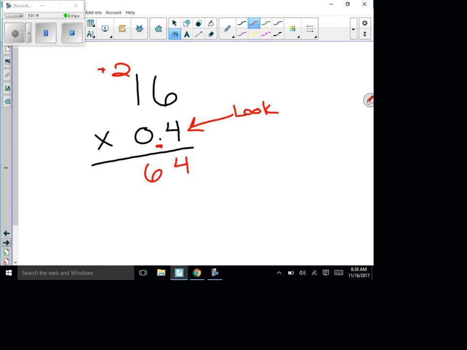You count how many digits are to the right of the decimal, and there's 1. So you go down here in your answer, you put a decimal at the end of 64, and you have to go left the number of digits that are past the decimal in the one above it. The answer is actually 6.4. Maybe kind of confusing, but it becomes normal after we do it a couple times.